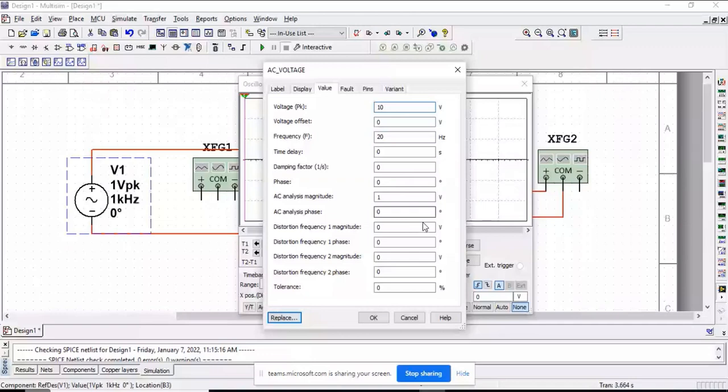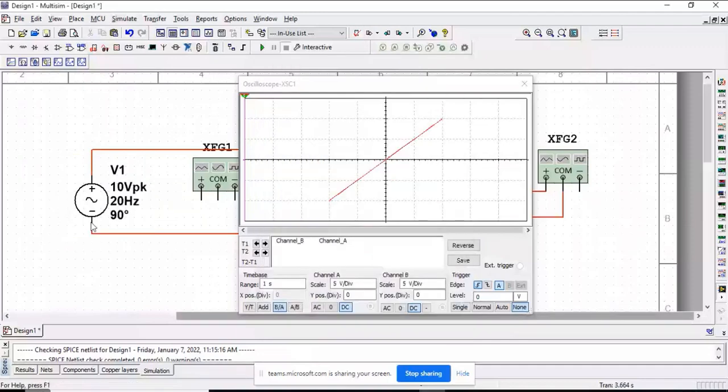Actually, we have provided AC phase analysis. You have to simply put the value in phase 90. Okay, that's right. It is showing now 20 hertz, 10 volt peak, and 90 degree phase shift.